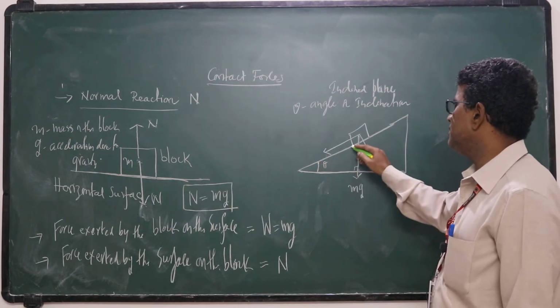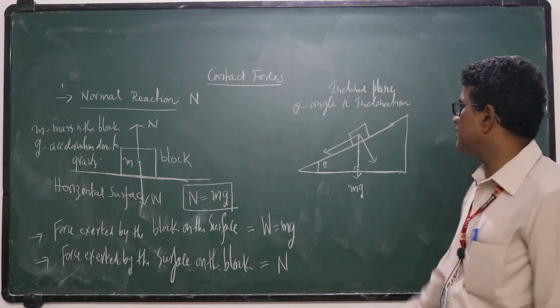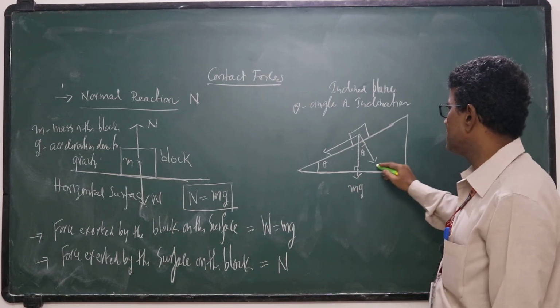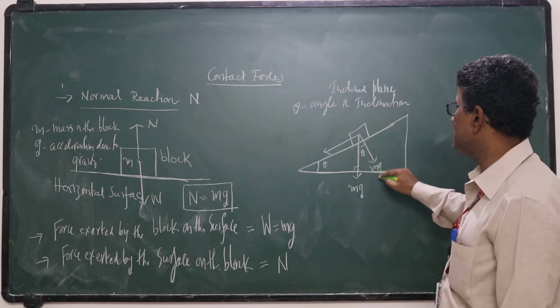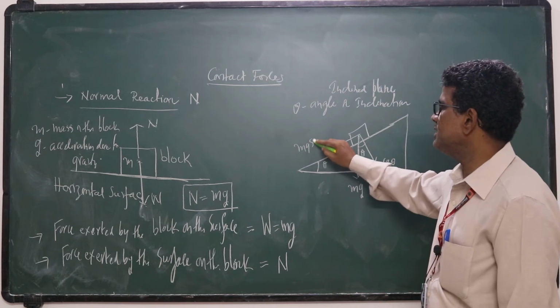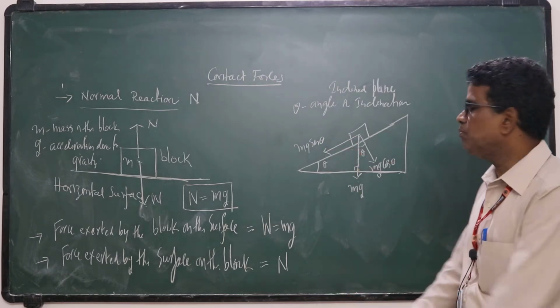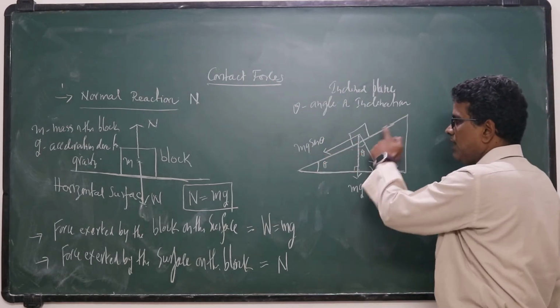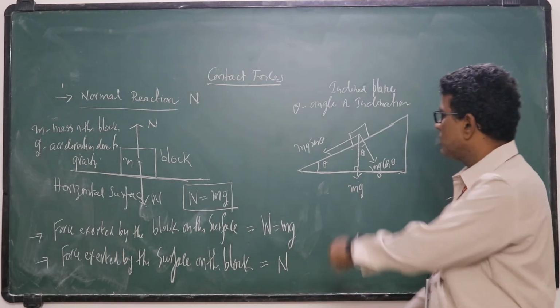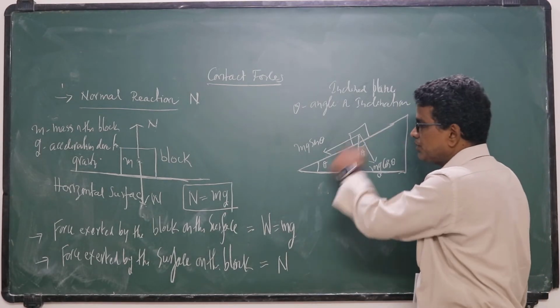If this is theta, then this angle becomes 90 minus theta, and this angle becomes theta. So this component becomes mg cos theta, and this component is mg sin theta. The component of weight acting along the plane downwards is mg sin theta, which is responsible for causing the block to move down.